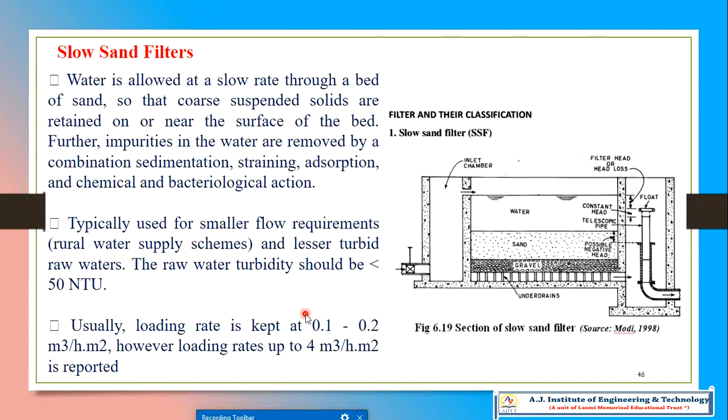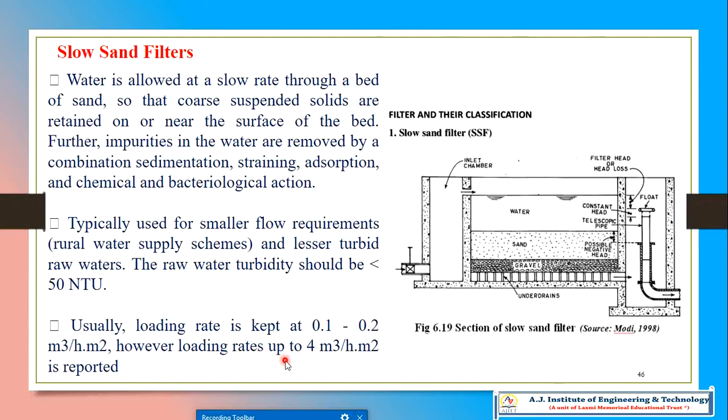A slow rate of water flows through the bed of filter media, with low turbid raw water. The turbidity of the raw water should be less than 50 NTU, maximum. Usually the loading rate is kept at 0.1 to 0.2 meter cube per hour per meter square of surface area.